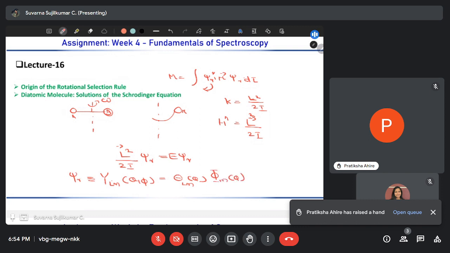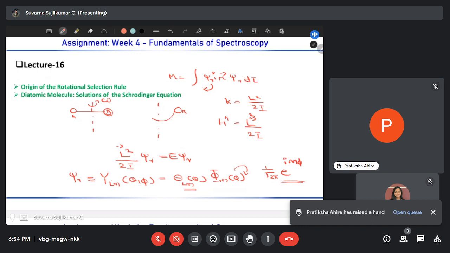Right, this theta part is known as an associated Legendre function, which consists of a normalization constant, and the phi part can be in the form of an exponential term, as you see here, right?